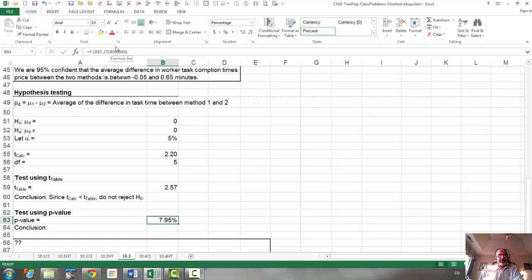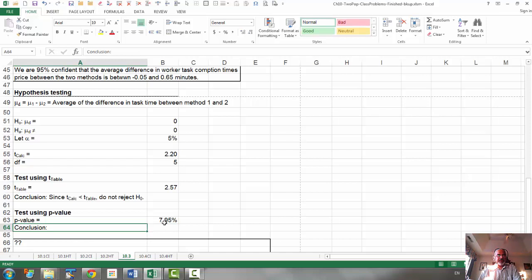Remember the dot 2t function cannot take a negative value. So it is always a good idea to make it a practice to put absolute value for the t even when it is positive, so that you get into the habit of using absolute value.